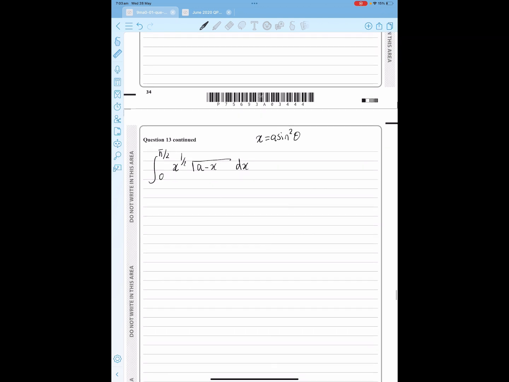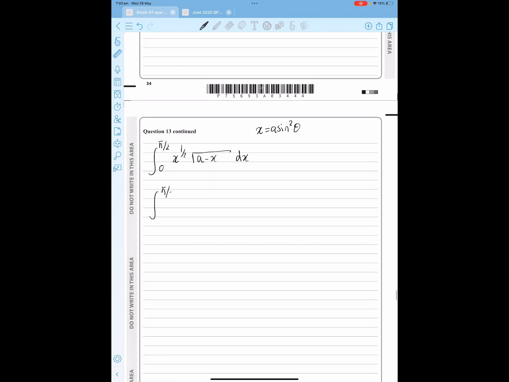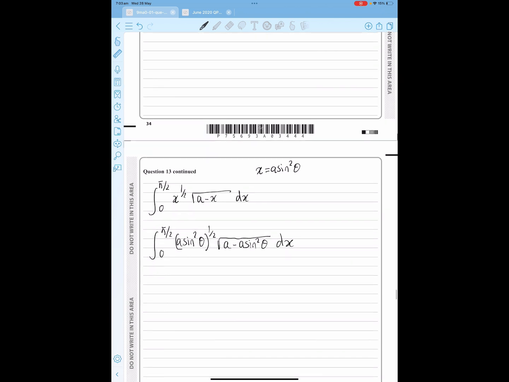First I'm going to just plug the x value in, without simplifying: a sine squared theta to the power of half times root a minus a sine squared theta, dx.